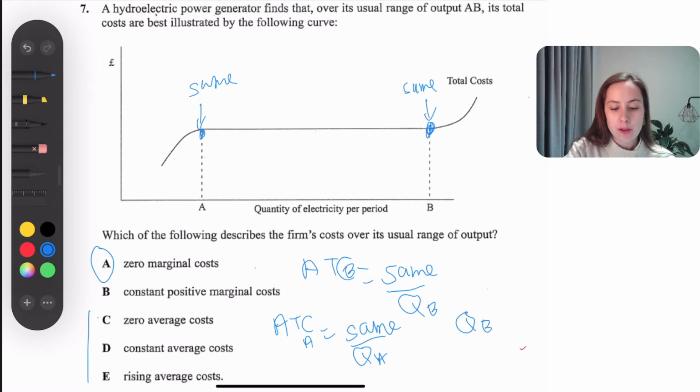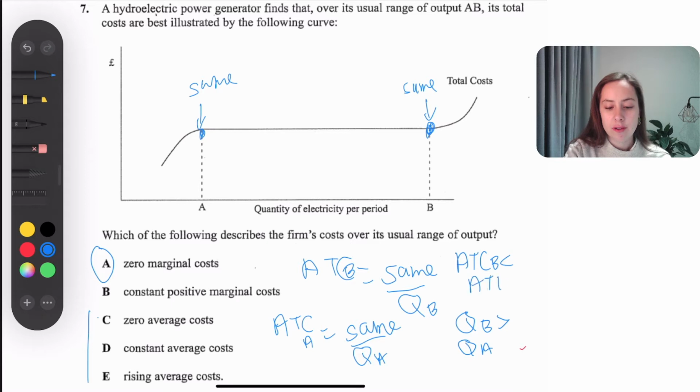But we know that the quantity at B is higher than the quantity at A. So therefore, the average total cost, if we look at the equation, at B is smaller than the average total cost at A. So your average total cost has been falling between A and B, and you actually don't have that as an option because the answer was A. That's a good one.